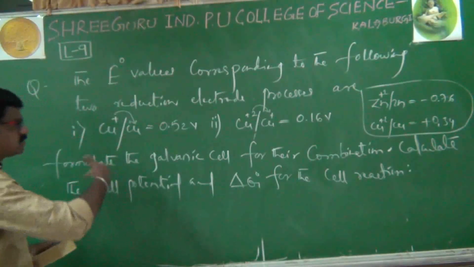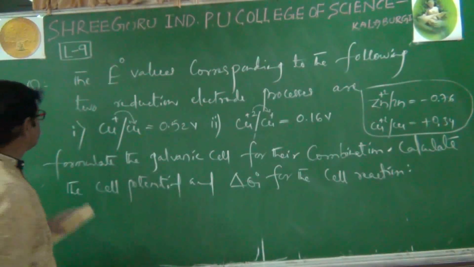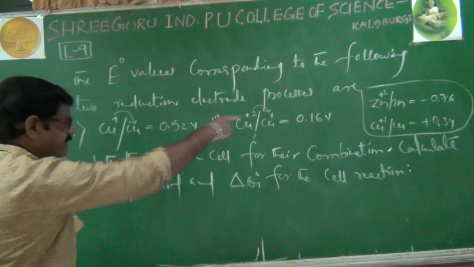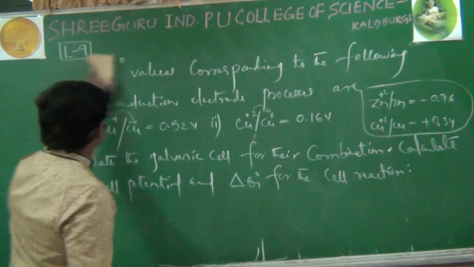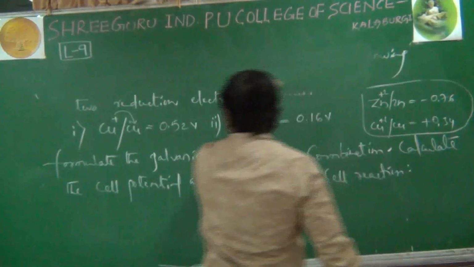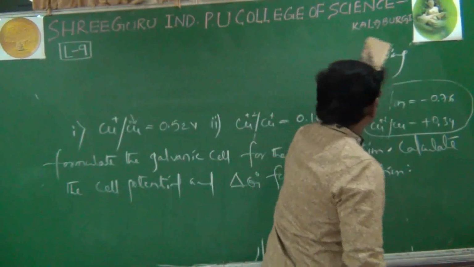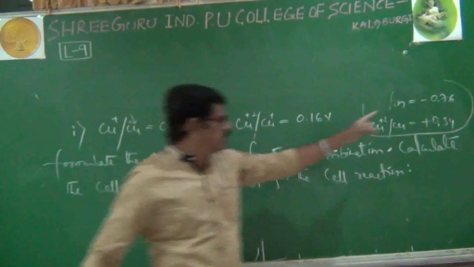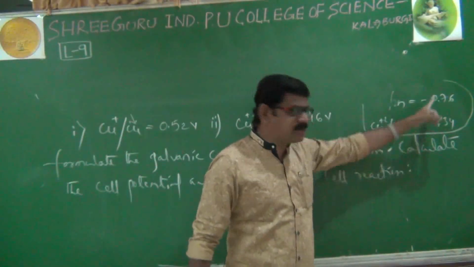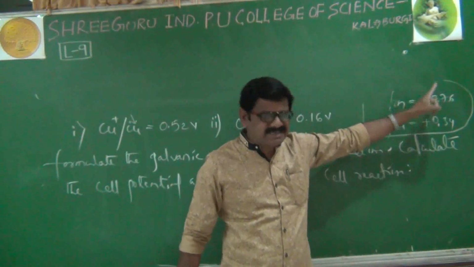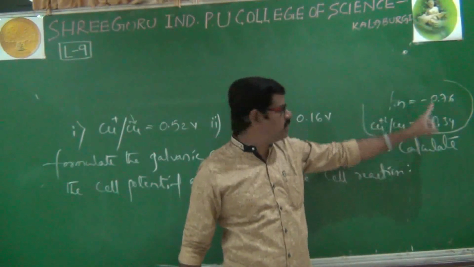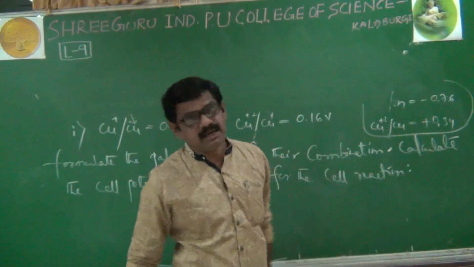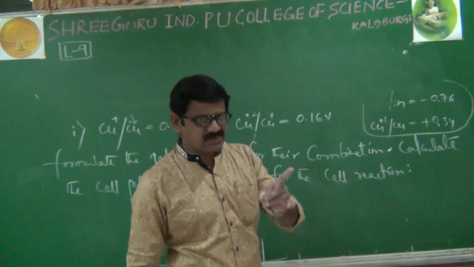Now we'll try to write the cell notation for the given electrodes. When you compare zinc and copper, being less SRP, zinc acted as anode, and being more SRP, copper acted as cathode.